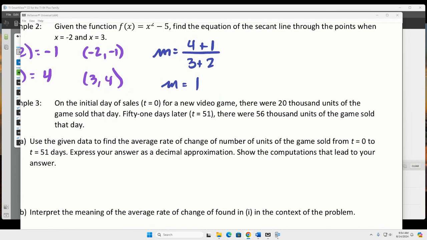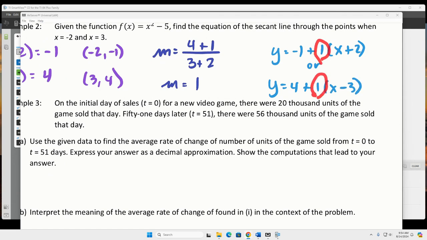I'm going to write both of them. You don't have to. And these ones right here, you don't actually have to write if you don't want to.